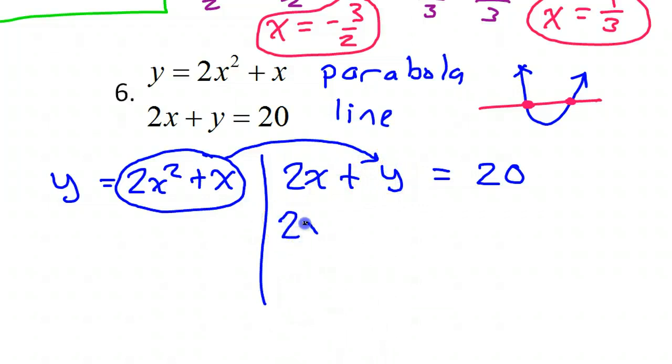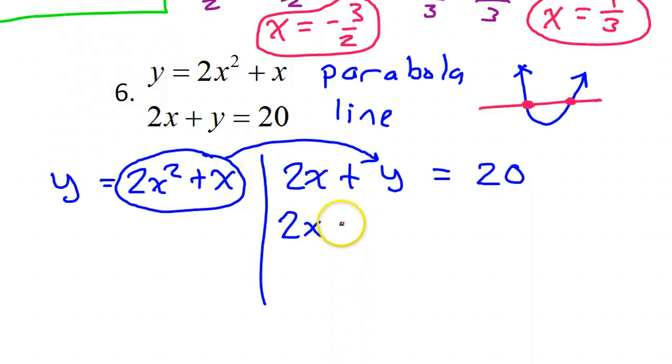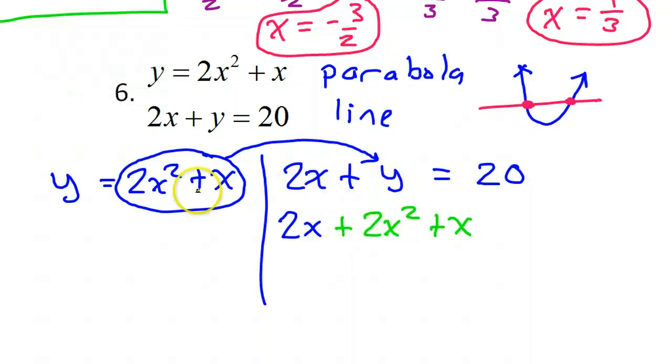So that'll give me 2x. Okay, and just to be clear, it's going right here. So plus 2x squared plus x. Alright, that's the substitution that just happened. And equals 20.